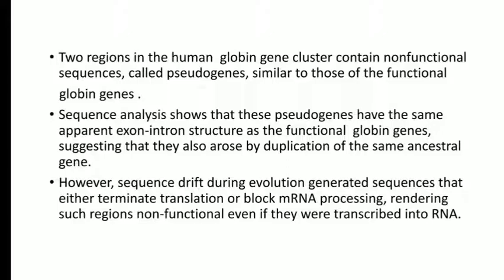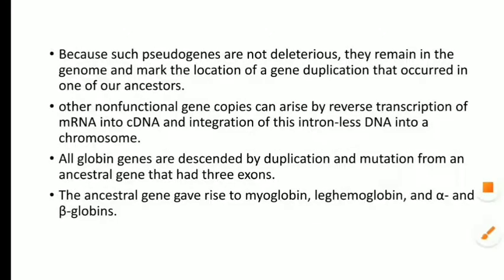However, sequence drift during evolution generated sequences which either terminate translation or block mRNA processing. If they were transcribed into RNA, these regions would be non-functional. Because such pseudogenes are not deleterious, having no deleterious effect on humans, they remain in the genome and mark the location of gene duplication.